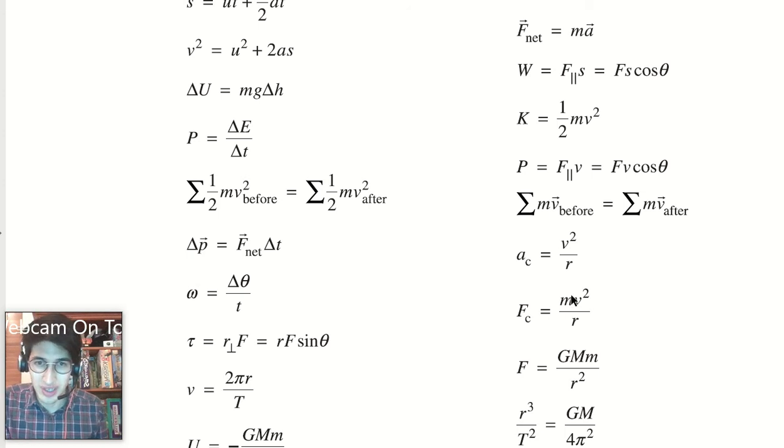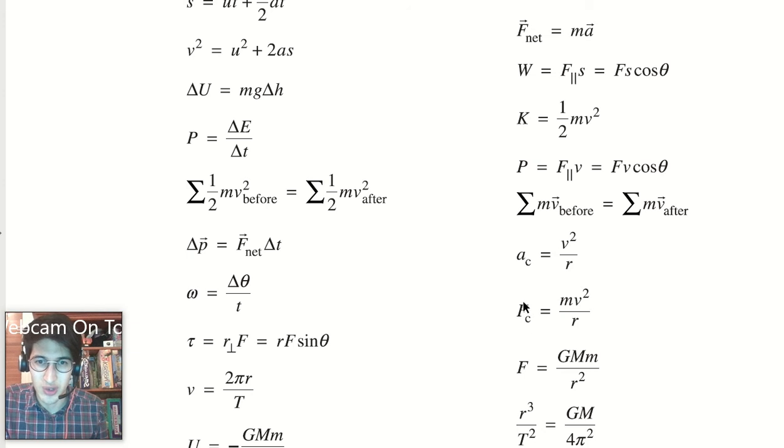And you'll notice here that we have mv squared over r is equal to the centripetal force, right? So half mv squared is equal to kinetic energy, but if we take that mv squared and we replace it with centripetal force times radius, right, we can start to make some progress.